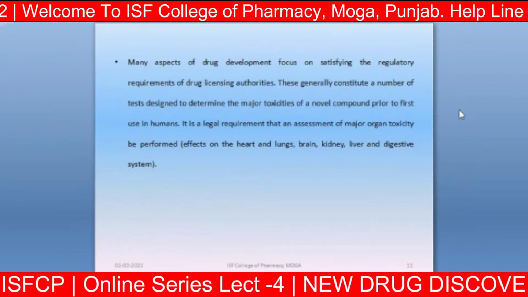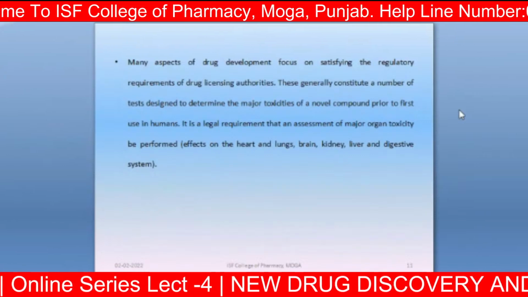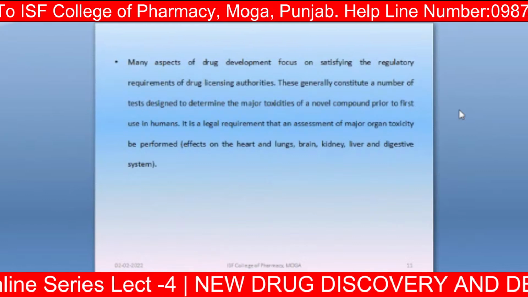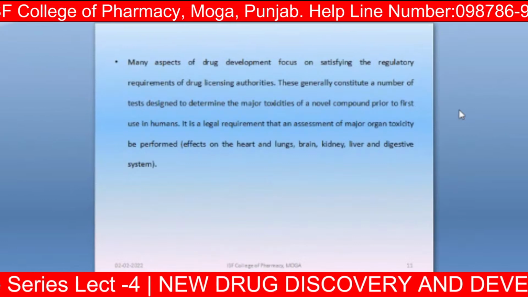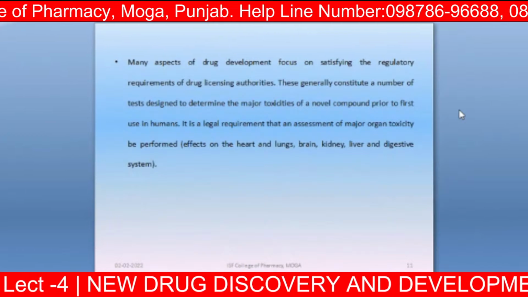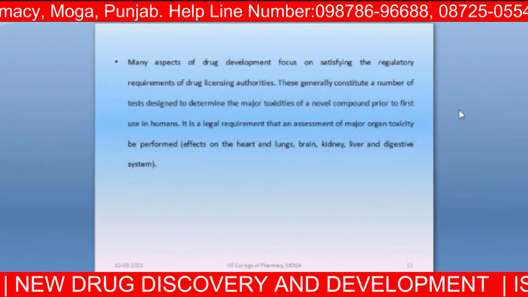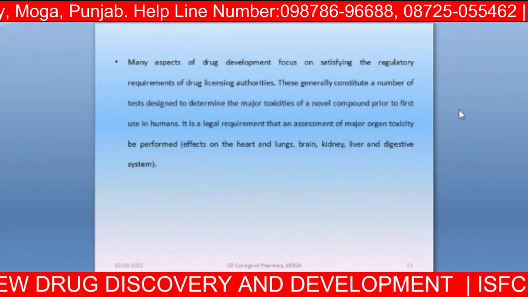Many aspects of drug development focus on satisfying the regulatory requirements of drug licensing authorities. These generally constitute a number of tests designed to determine the major toxicity of a novel compound prior to human clinical use.